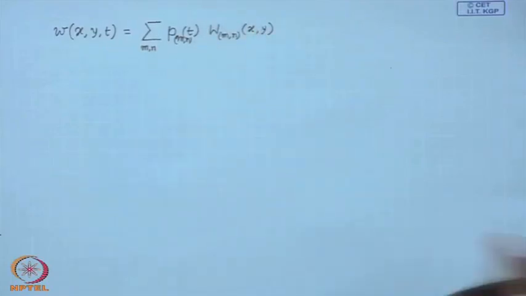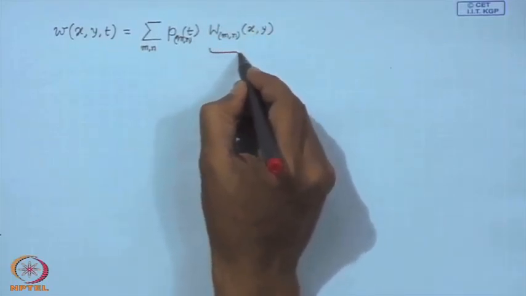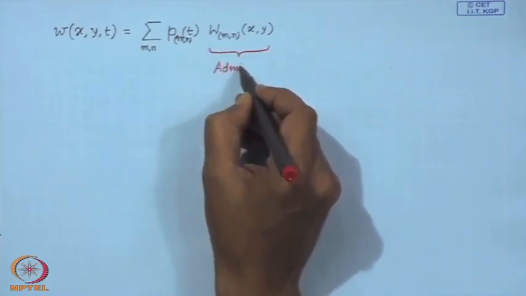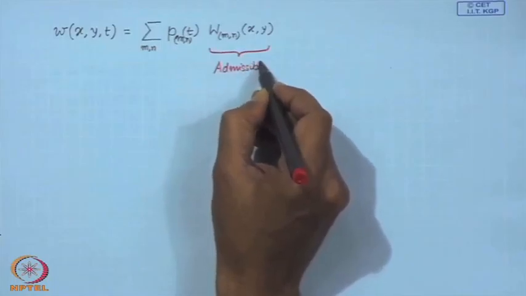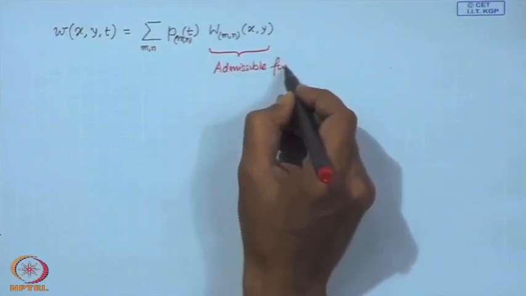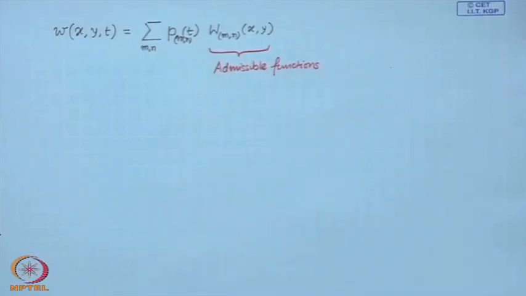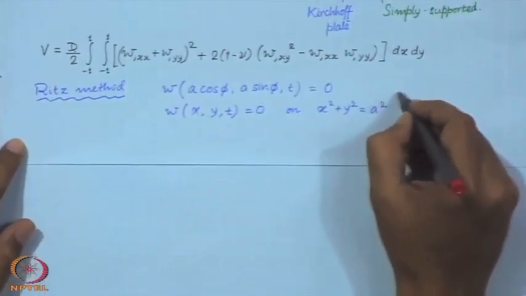So, these are our admissible functions, which need to satisfy only the geometric boundary conditions of the problem, and this boundary condition is the geometric boundary condition.